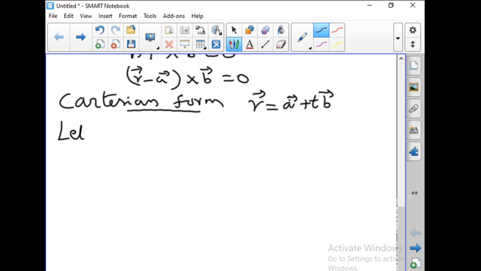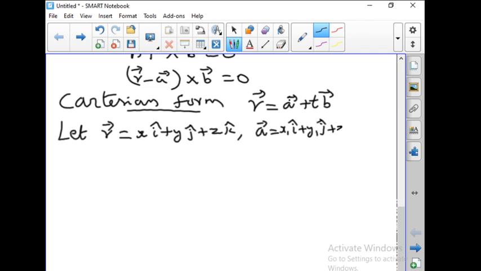Let r = x i cap + y j cap + z k cap, a = x1 i cap + y1 j cap + z1 k cap, and b = b1 i cap + b2 j cap + b3 k cap.